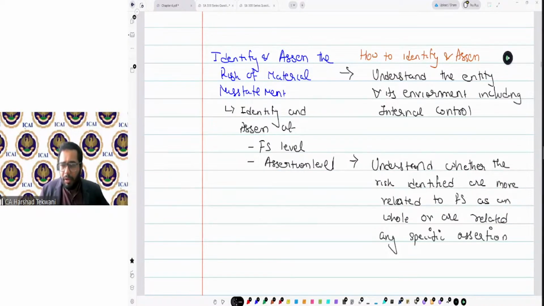Okay, fine. We'll do that. We'll understand whether the risk is related to the financial statement as a whole or to a specific assertion.